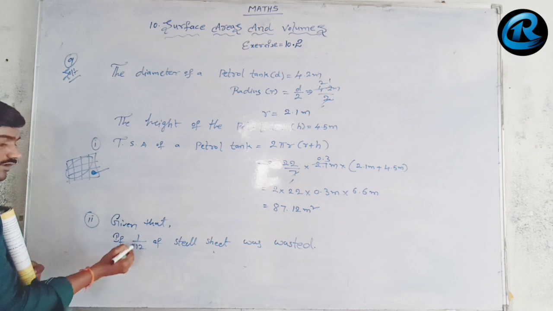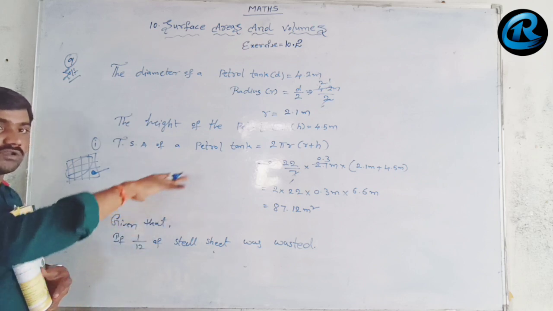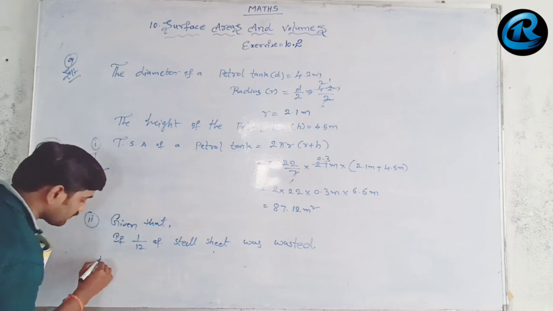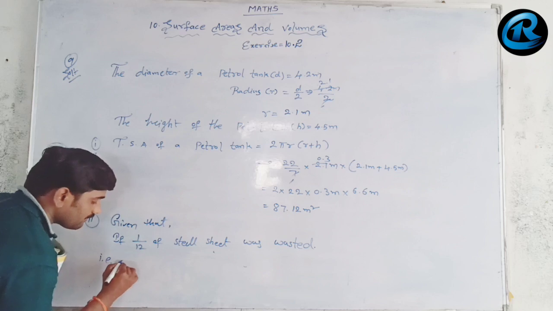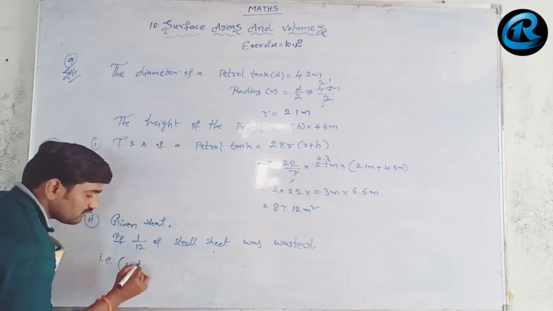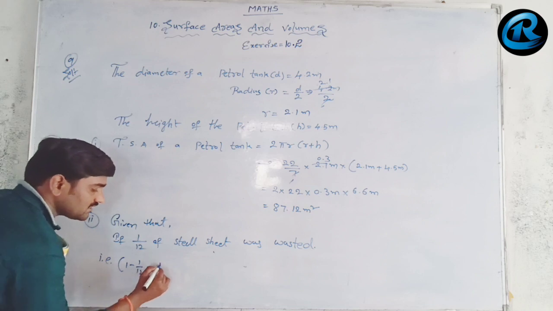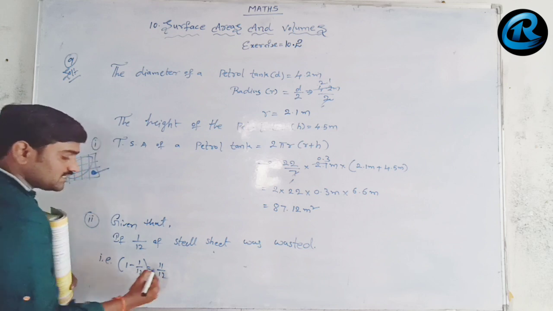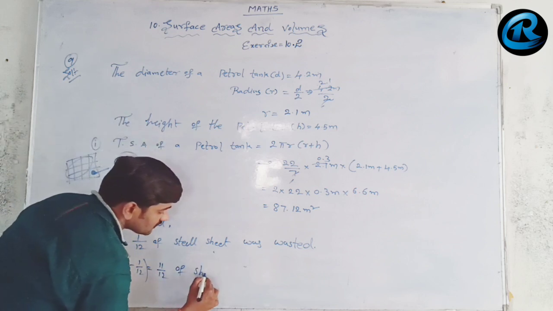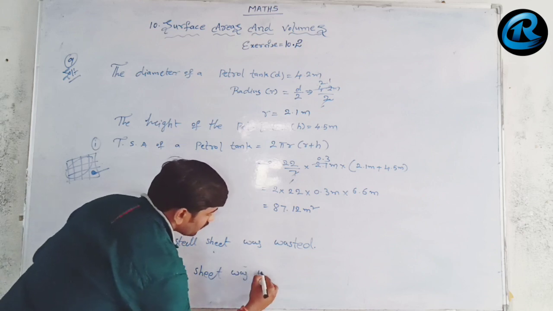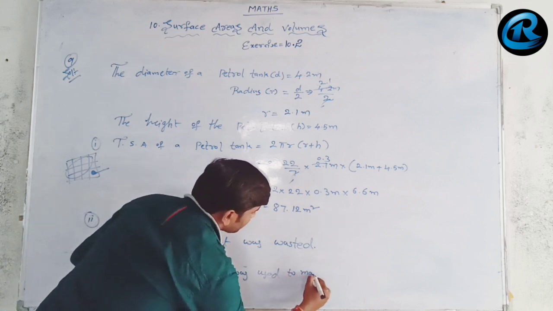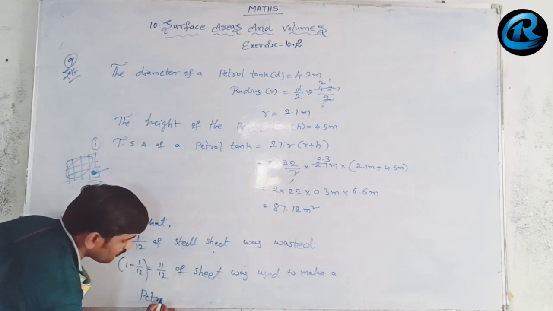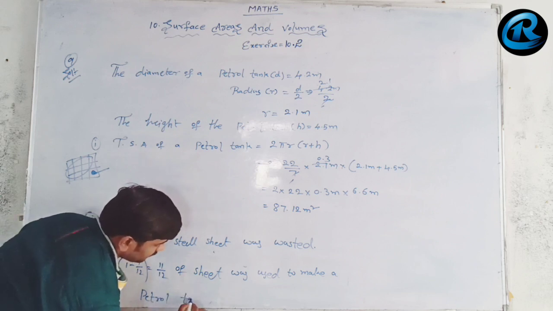He used all this. If there are 12 parts in total, one part was wasted. That means 11 parts were used. That is, 1 minus 1/12 of the total sheet was wasted, so it gives us 11/12. So 11/12 of the steel was used to make a petrol tank.